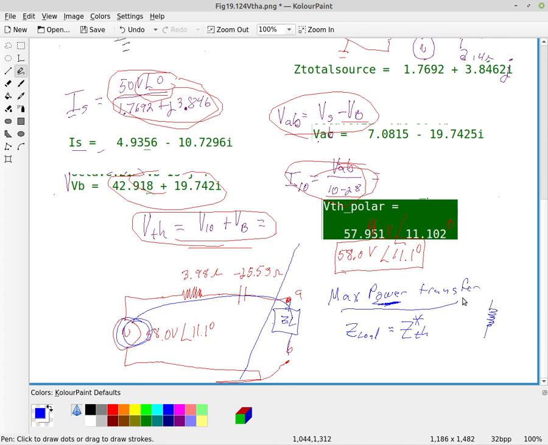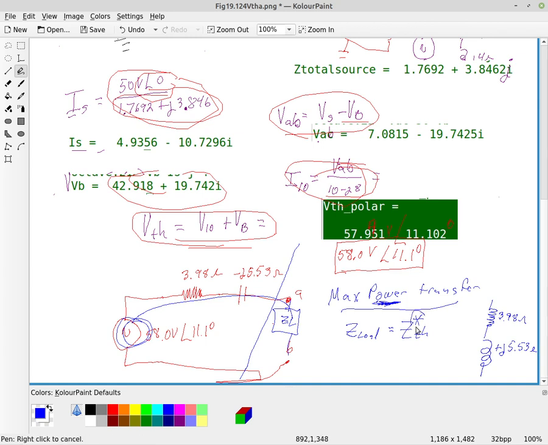We're going to get maximum power if the load resistance was 3.98 ohms and there was an inductor with an impedance of positive j5.53 ohms. All right, and that is the maximum power theorem.